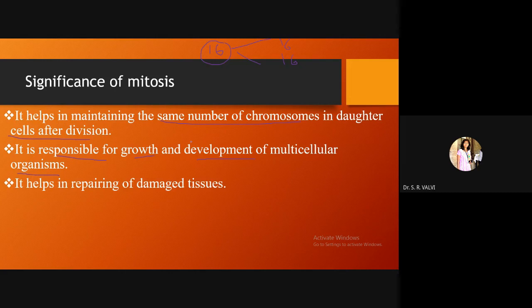If some wound occurs to the plant, or if we cut any leaf or any fruit or any flower, then that part is repaired with the help of formation of new cells, right? So likewise, repairing work is done by mitosis. So mitosis is the cell division through which the damaged tissue is repaired, right?